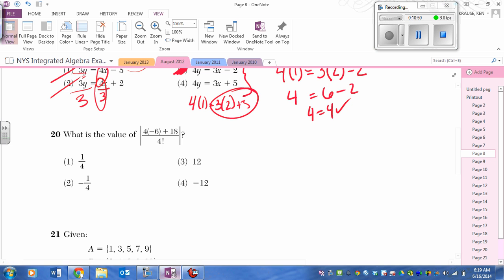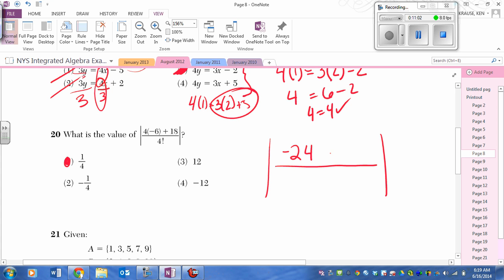Not sure why they put these problems on the test anymore, but now let's do it by hand. 4 times negative 6 is negative 24, plus 18. 4 factorial is 4 times 3 times 2 times 1.